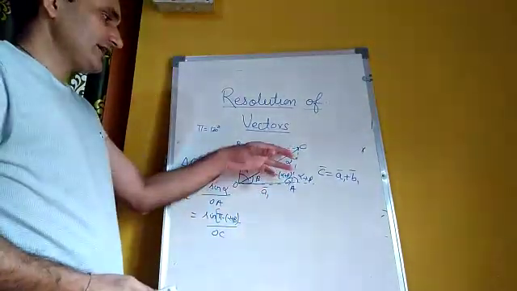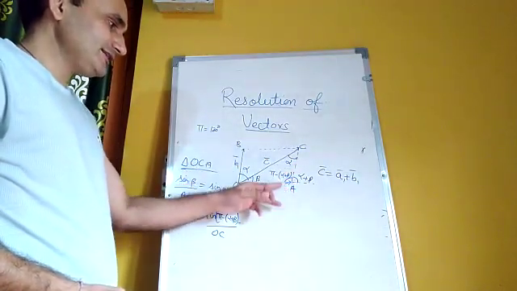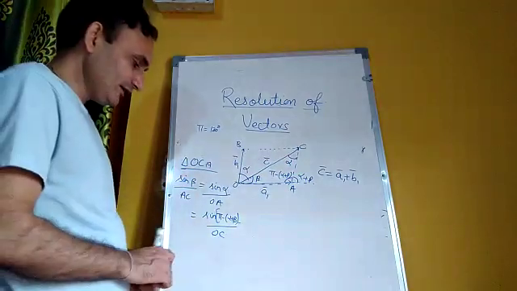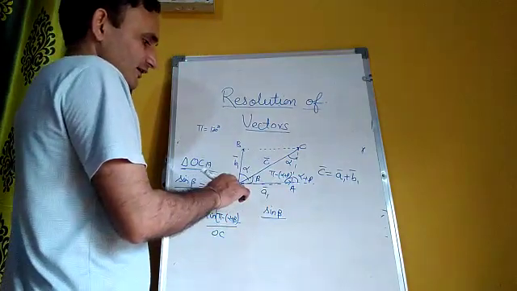So, sine of an angle divided by the side in front of it, for each angle and side.